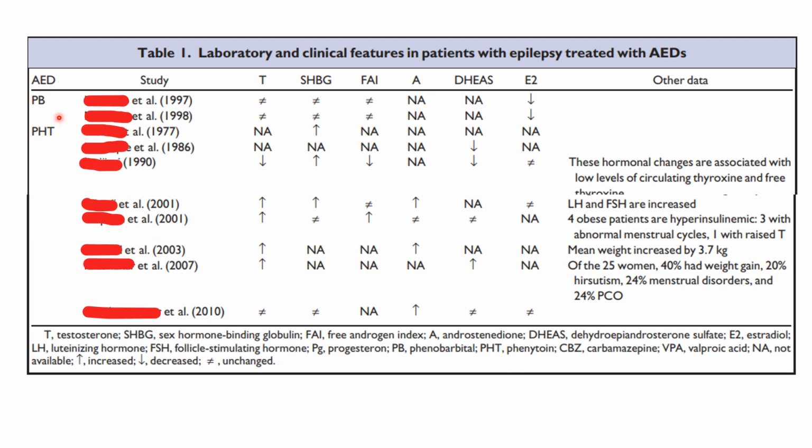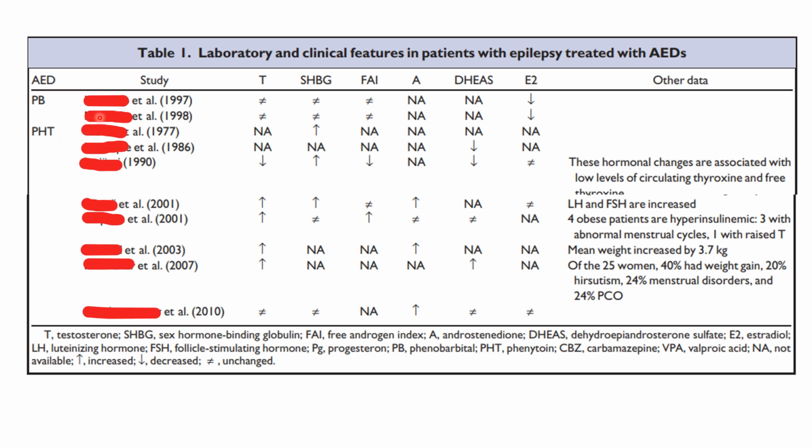So they have studied two drugs, phenobarbital and phenytoin. I've actually collapsed this table, so you think that there are fewer studies for phenobarbital and more for phenytoin, but the table is actually very long and has a huge number of studies for both phenobarb and phenytoin.